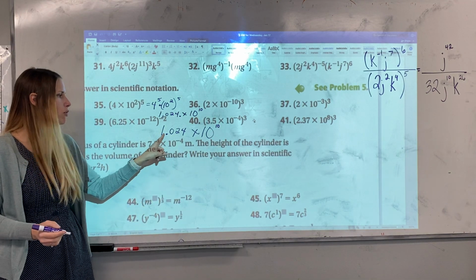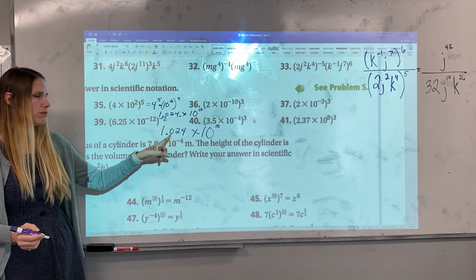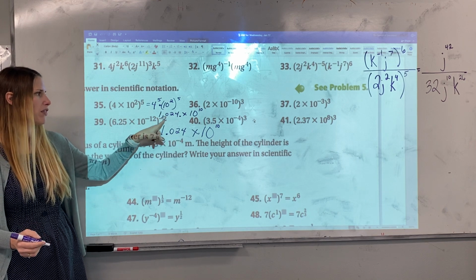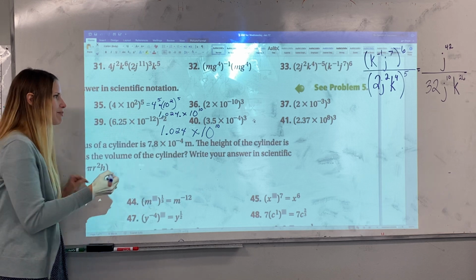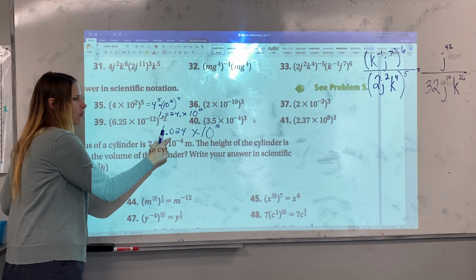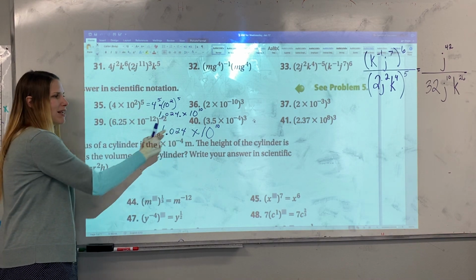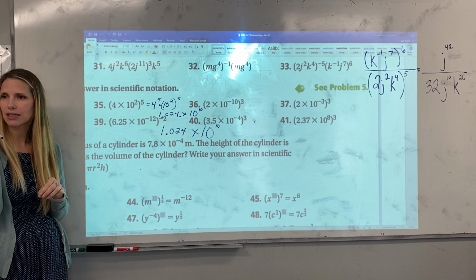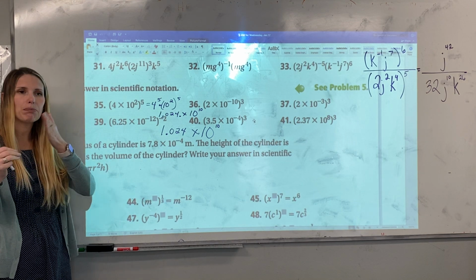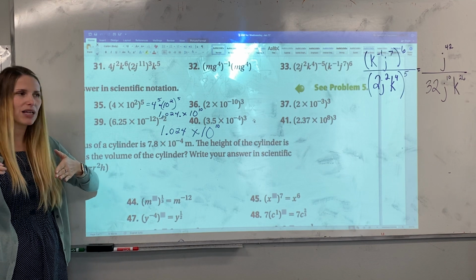So this number isn't 1.024. It's really 1024. So I have to show that in my exponent. It's really supposed to be moved over 1, 2, 3 spaces to the right. 3 spaces is 3 positive place values.